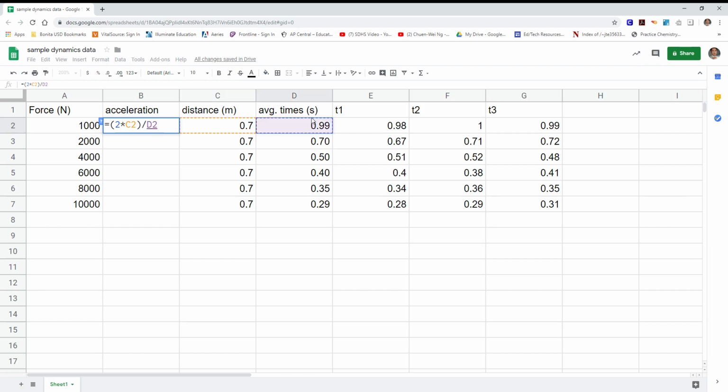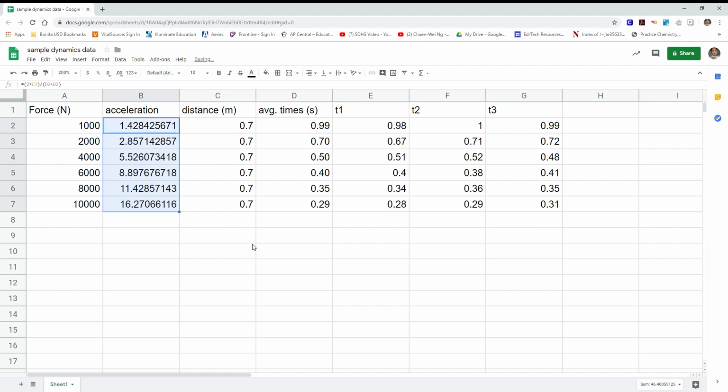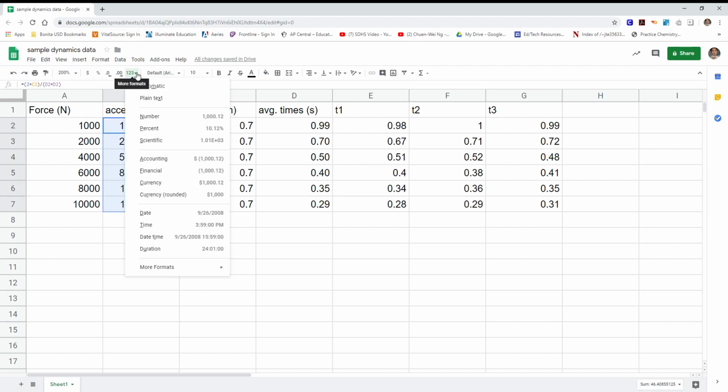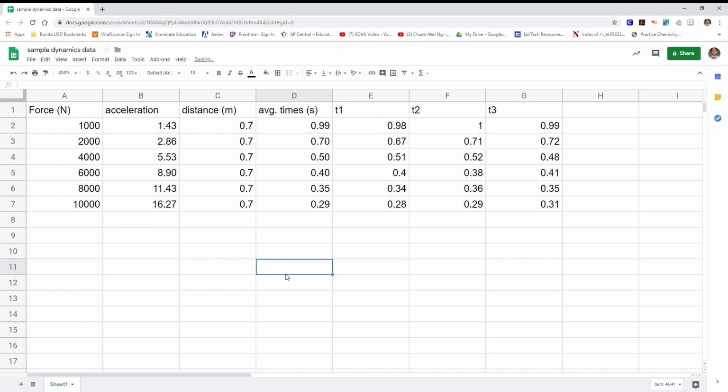And to do that squared, I'm just going to multiply it by itself, times D2 again. And I'm going to put that in parentheses just so that Google doesn't get all confused. All right, do you see this? This is 2 times the distance, and then the times itself. That's basically squaring it. There you go. I have my acceleration. I'm going to drag this down, and I'm done. And I'm just going to turn this into a neat little number.